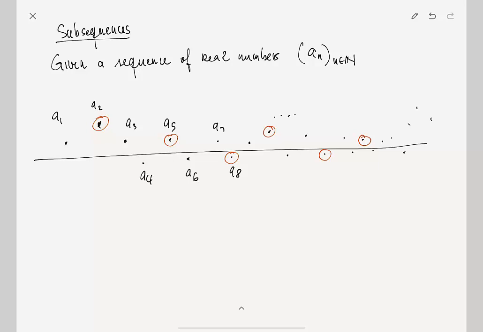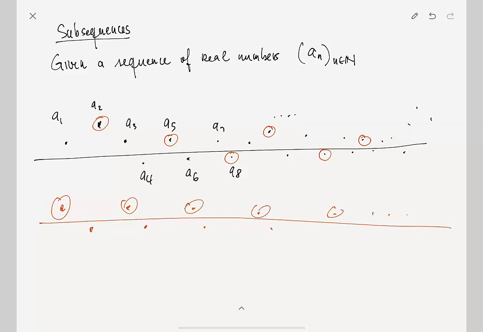So, for example, all even terms of a_n and all odd terms of a_n are subsequences of a sequence. I can choose to select every other term, skip this one, and so on. That's an example of a subsequence. Or you can choose to make a different type of selection.